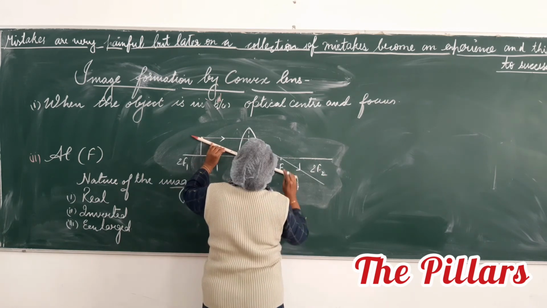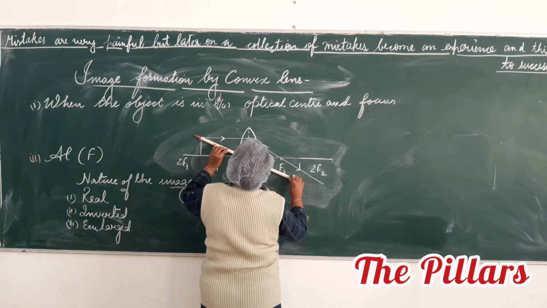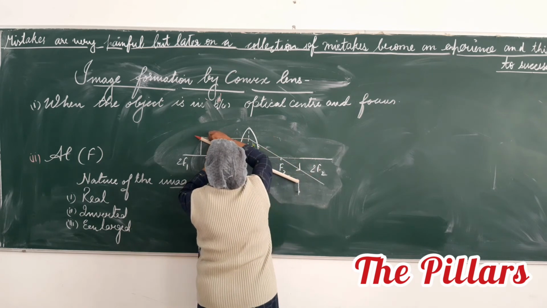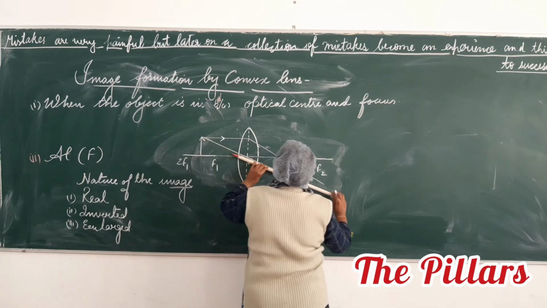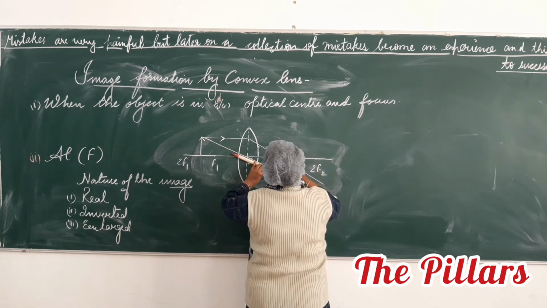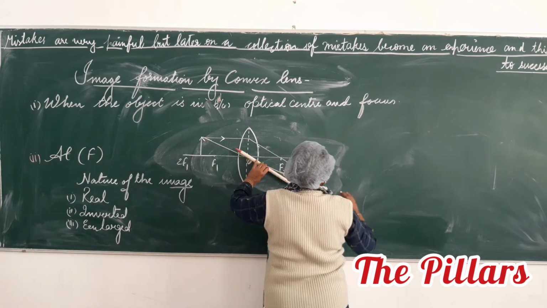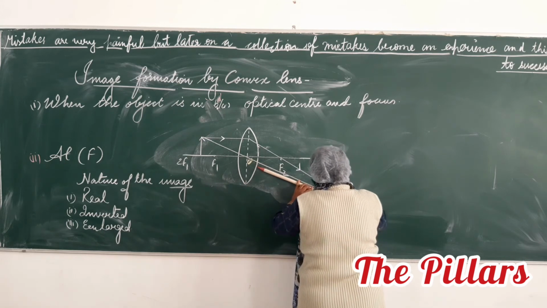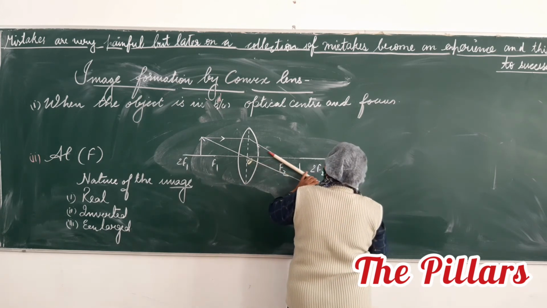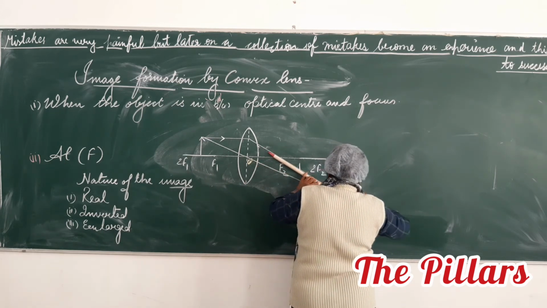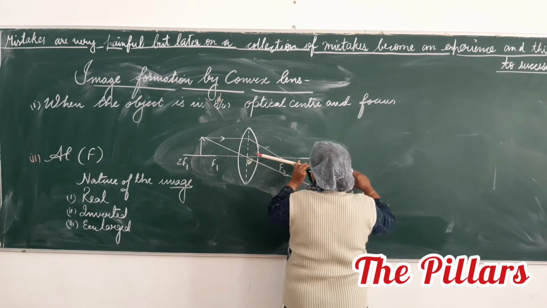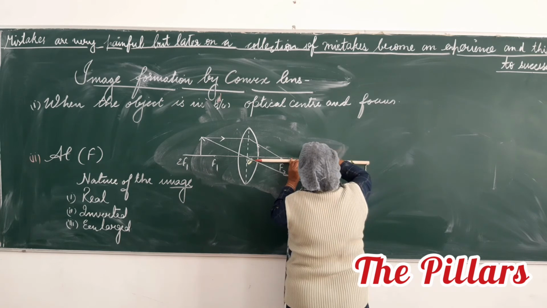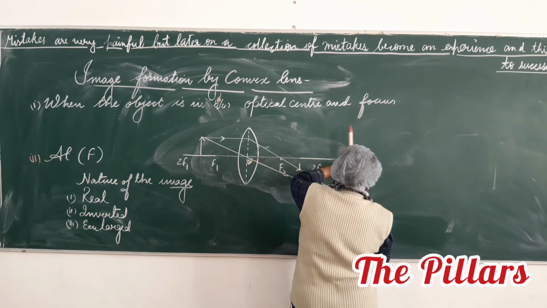From the optical center. So I think the image is formed beyond 2F2, no? Yes, ma'am. And what is the nature of the image formed now? Real, enlarged, inverted. The image is formed here.